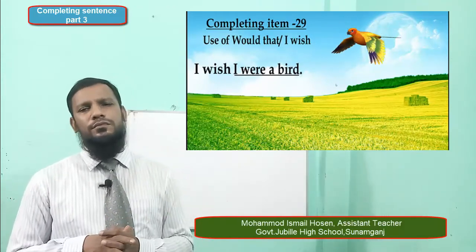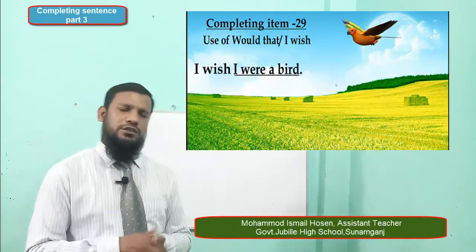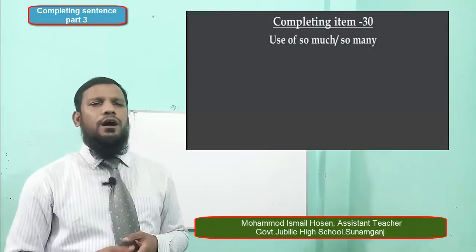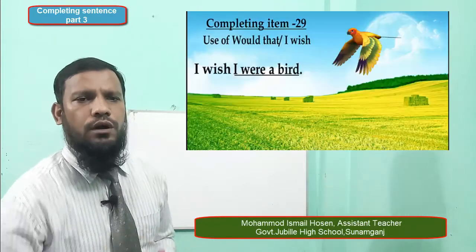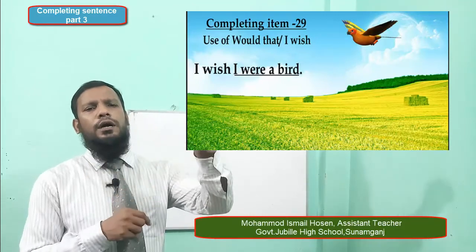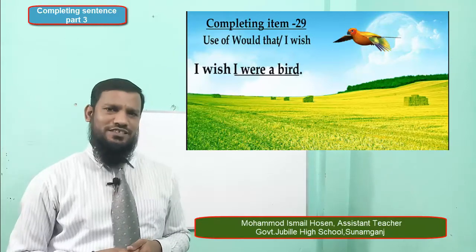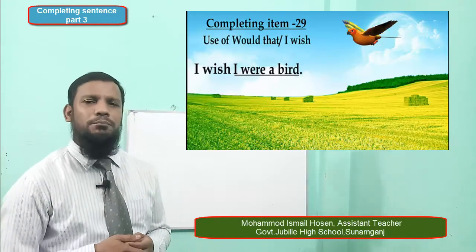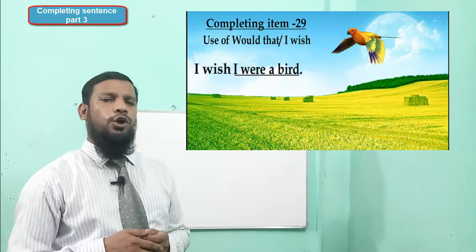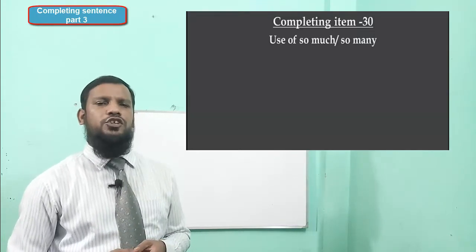Something impossible is mentioned in this structure. This means when you get would that or wish, you will use past tense, because it is always something that is not possible, an imaginary thing.